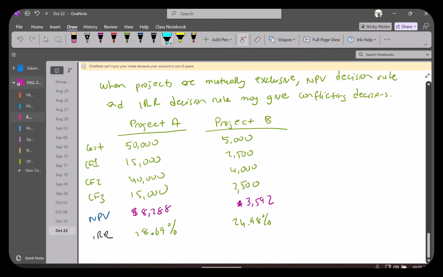According to the NPV rule, which one of these projects would I pick? A or B? Remember, these are mutually exclusive.